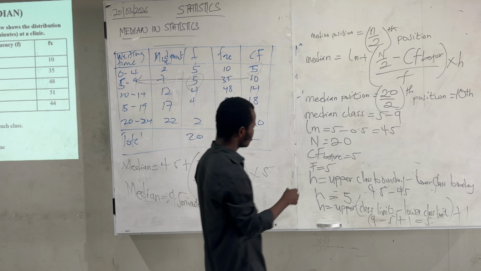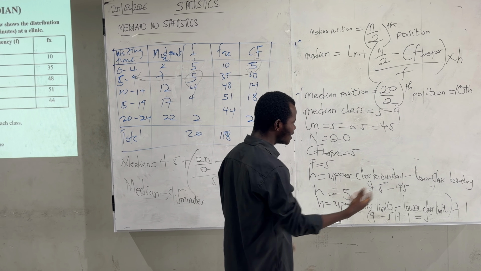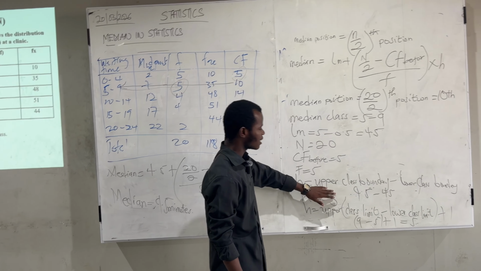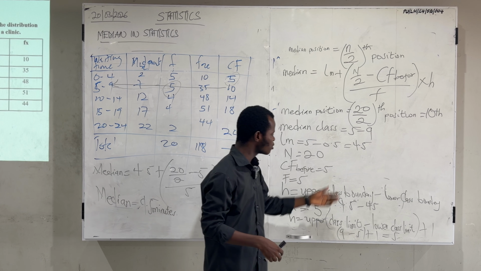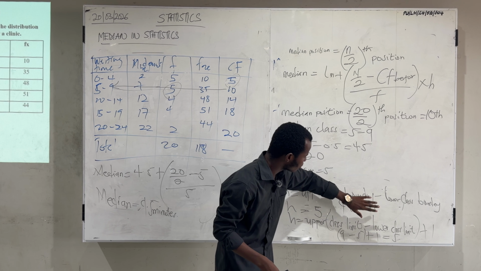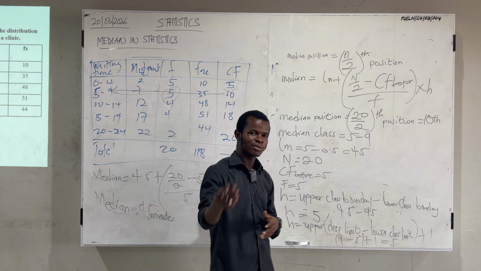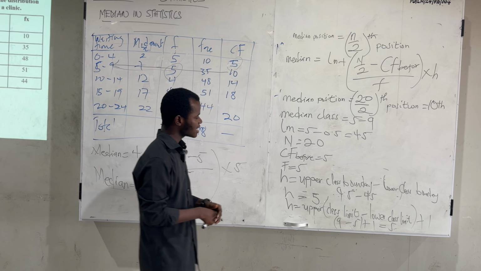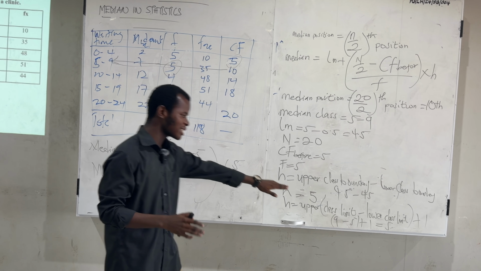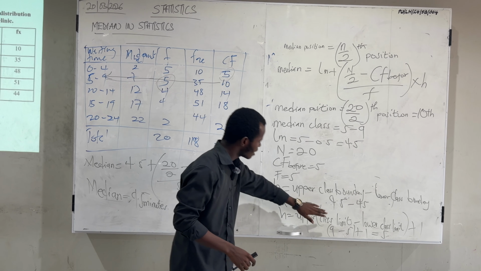And then you come to finding the H. Make sure that when you use the class boundaries, you don't add any plus 1, but you subtract 0.5 from the lower class and add 0.5 to the upper class. And when you are using the class limits, you don't subtract anything from the classes.